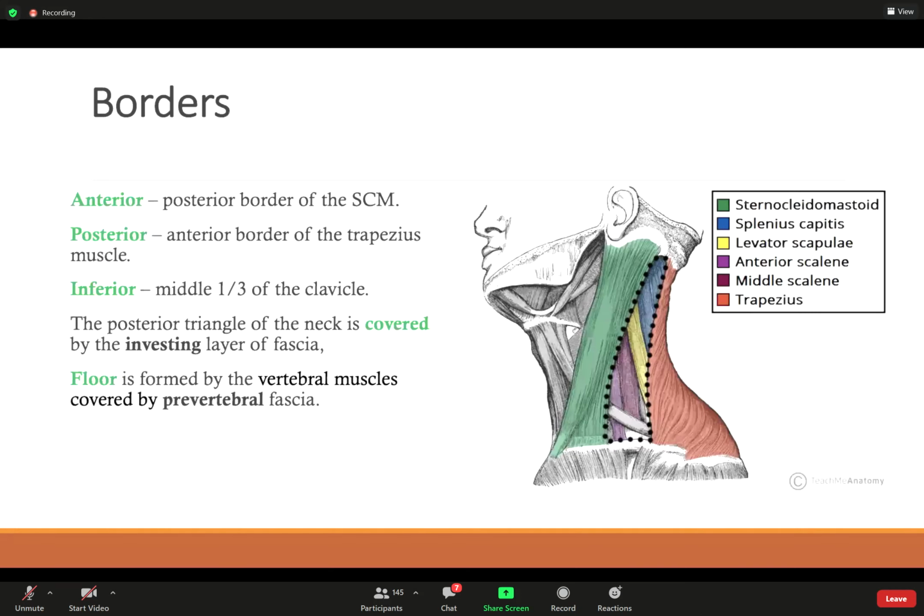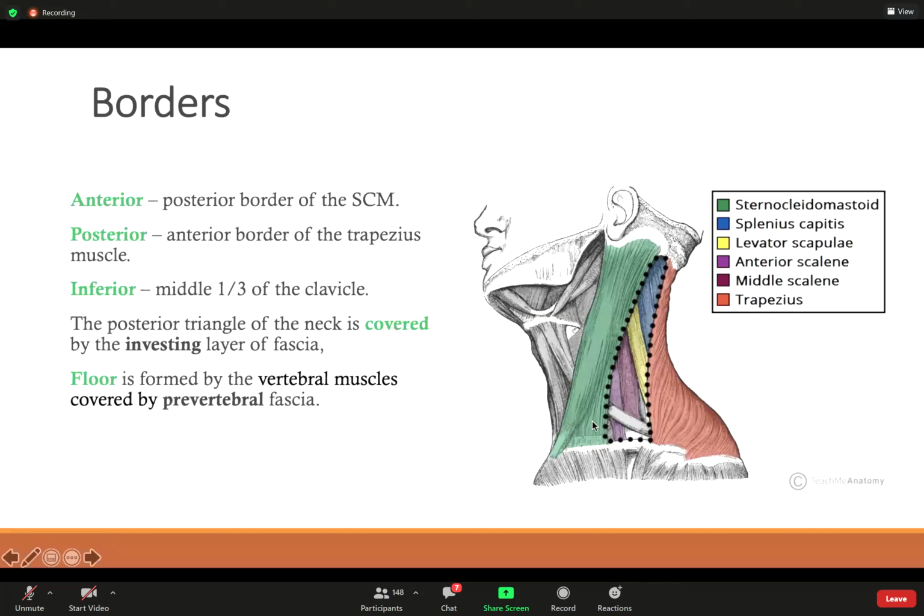Okay, so first of all, let's look at the boundaries. Now we are focusing on the posterior triangle. I like this image because it's colorful and can help you, for people that are visual like me, they can grab the image and understand very easily versus if it's one color. So basically, this is the boundary. As you can see, this is a large triangle, and this triangle has boundaries.